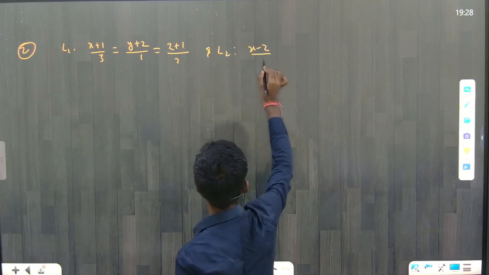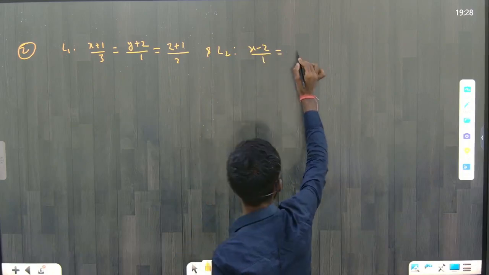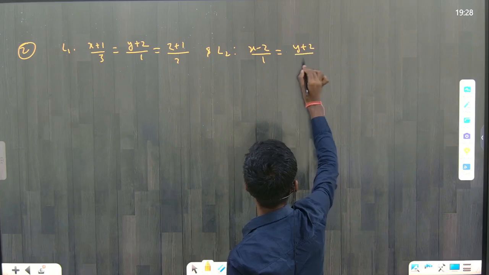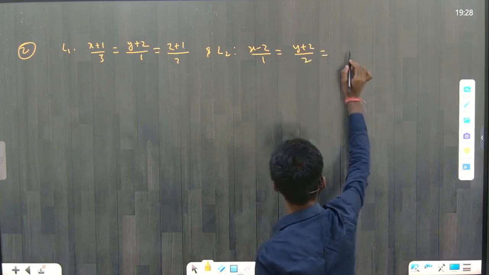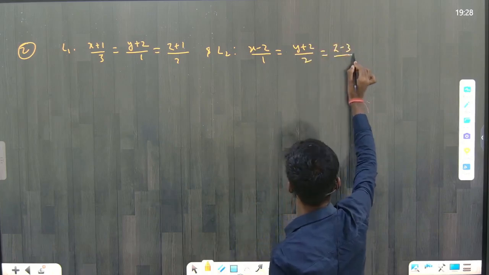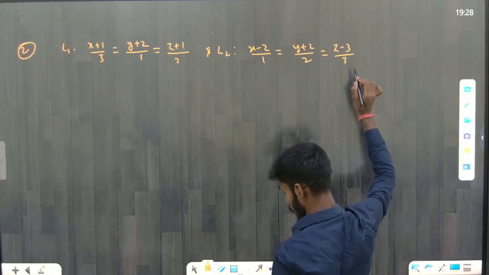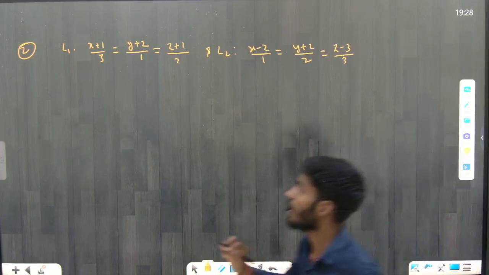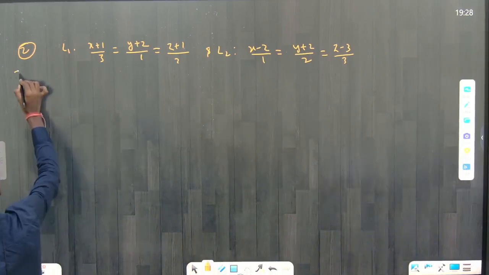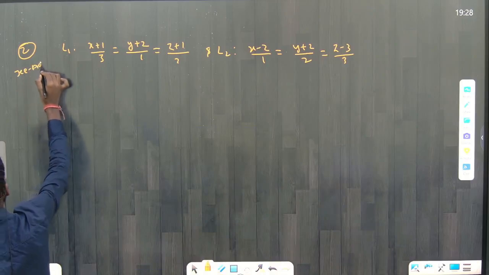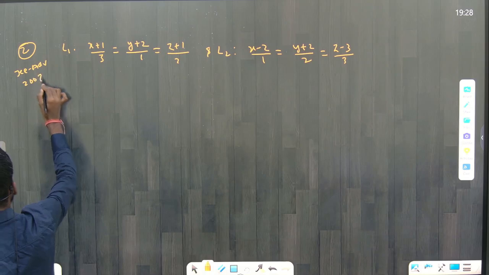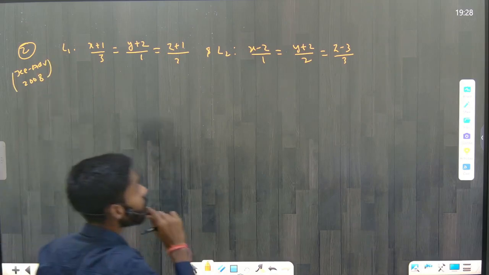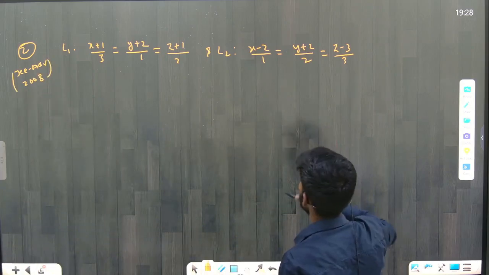X minus 2 by 1 and Y plus 2 by 2 is equal to Z minus 3 by 3. Okay. And this question was actually asked in JEE Advance 2008. And what is the question? Lines L1, L2 were given.